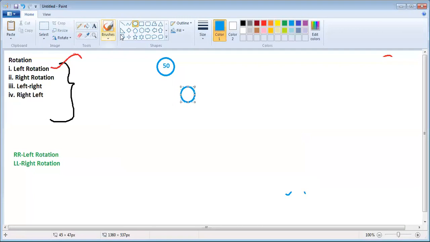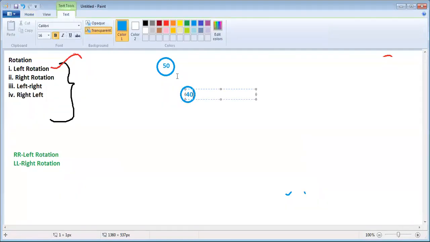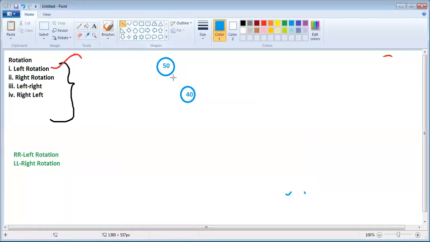I'm inserting the value 40 here. This is fine. Okay, and I want to insert 35. No, I think I have added wrongly, right? Yes, ma'am, you are right. Now I want to insert 45.